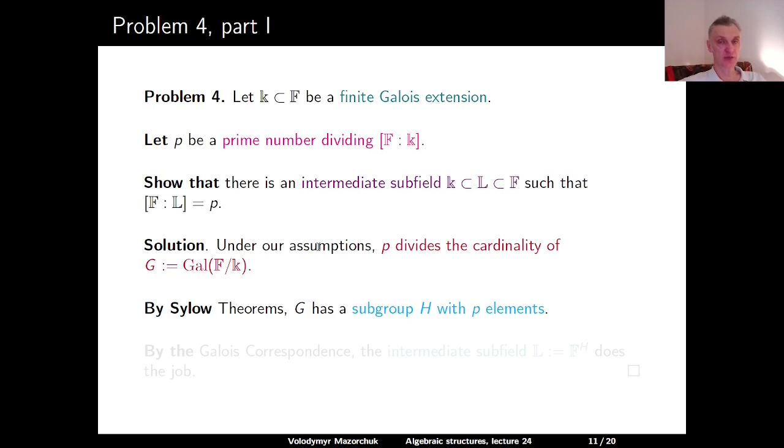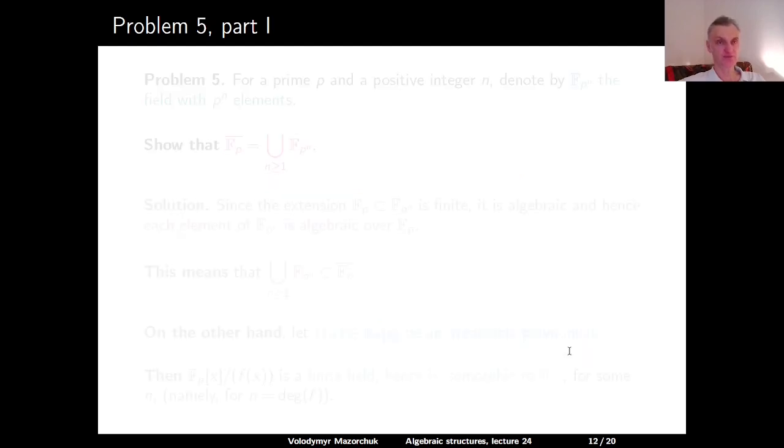So there should be a subgroup of order p. And now by the Galois correspondence, if we take the set of fixed points for this subgroup and denote it by L, this will be an intermediate subfield, and the dimension of the bigger field F over this intermediate subfield will be exactly p. And this completes the proof.